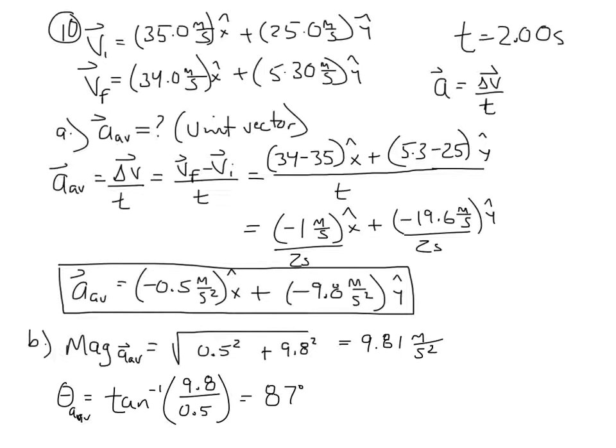All we need to determine is, what's the direction? Well, I've got a negative y and a negative x, so that's going to be south of west. So our magnitude is 9.81 meters per second squared, which should look familiar, and our direction is 87 degrees south of west, or very nearly vertical. So that's our answer for number 10, part B.